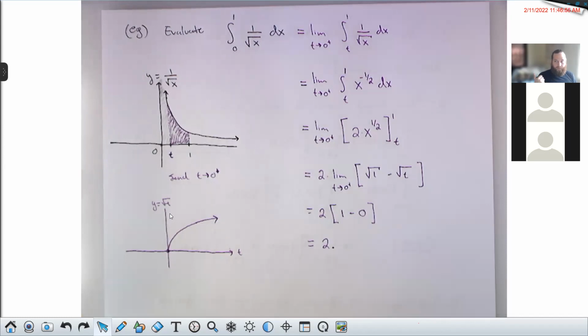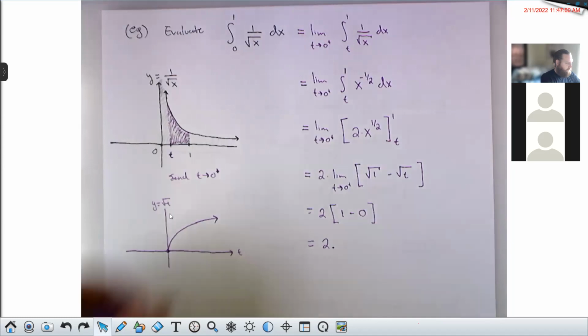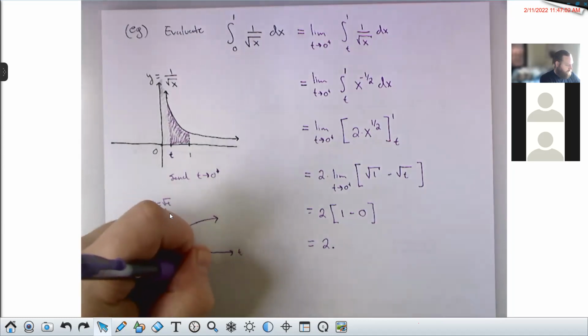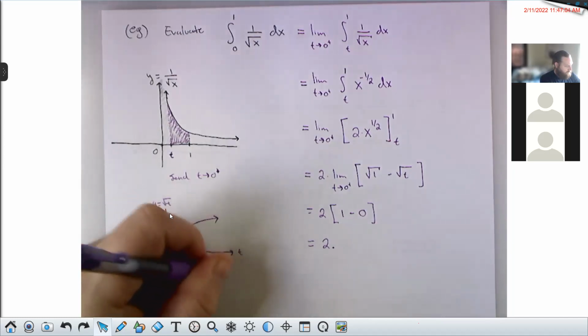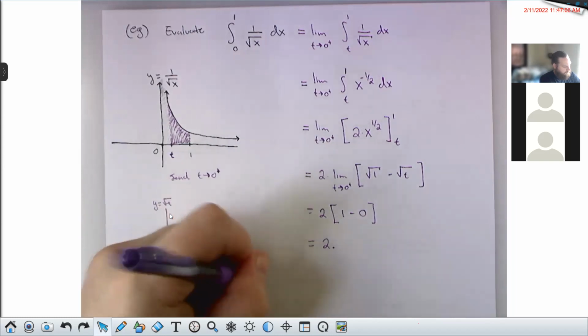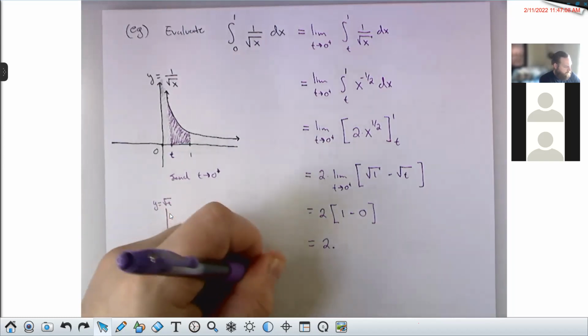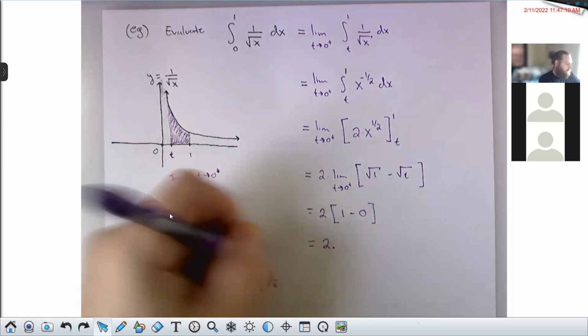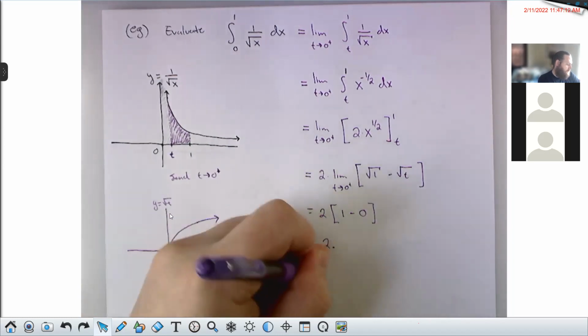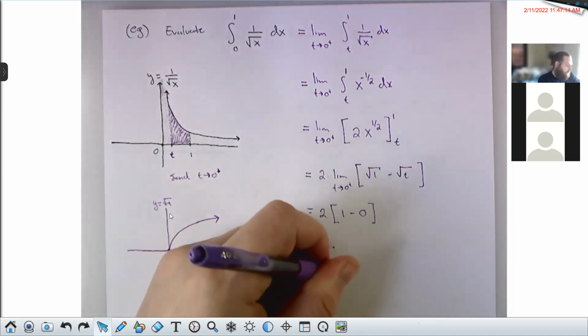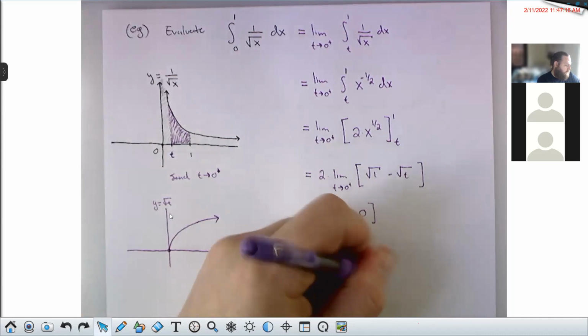And since that limit exists and is finite, we would say the integral converges. So therefore, the integral from 0 to 1 of 1 over the square root of x dx converges. And we'd say it converges to the value 2.